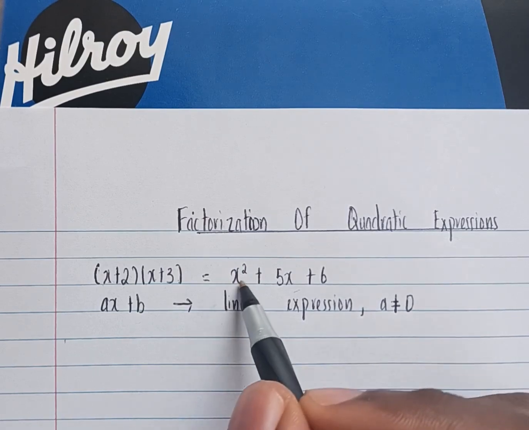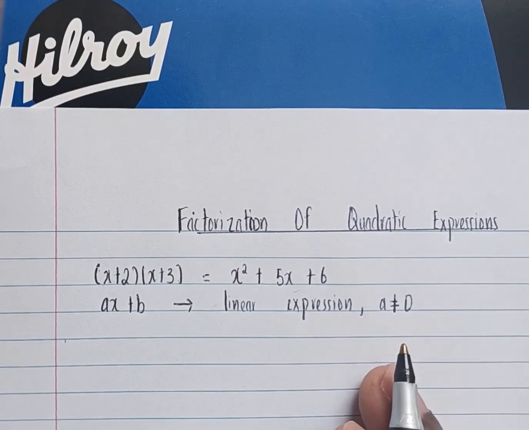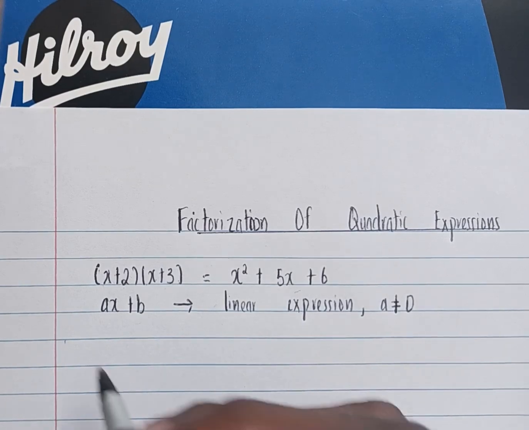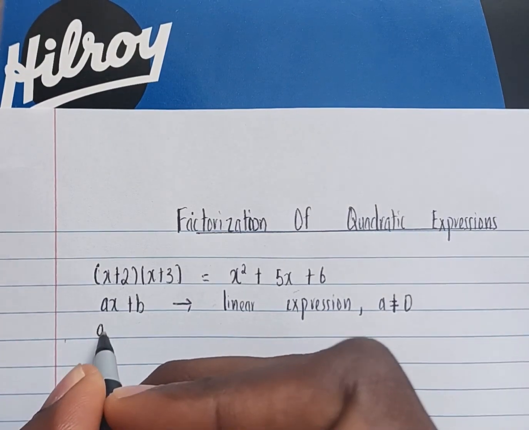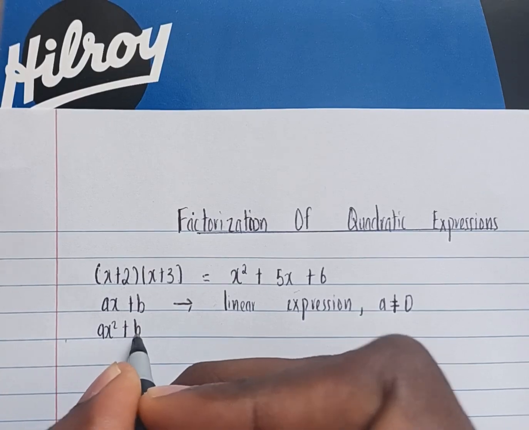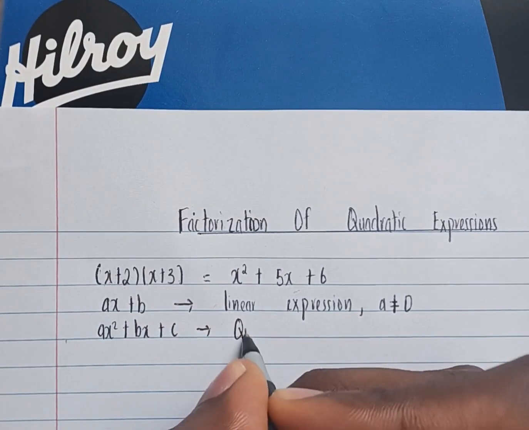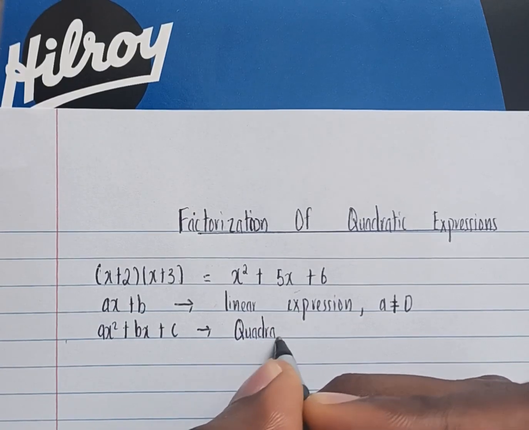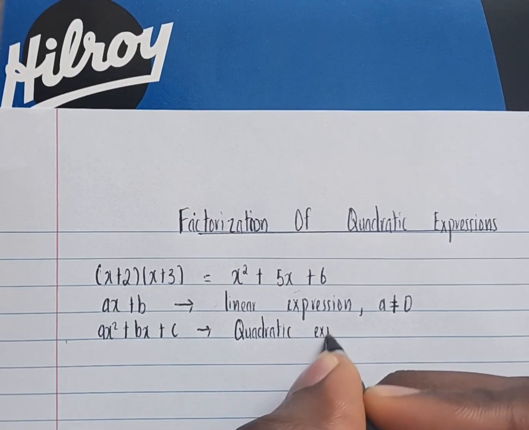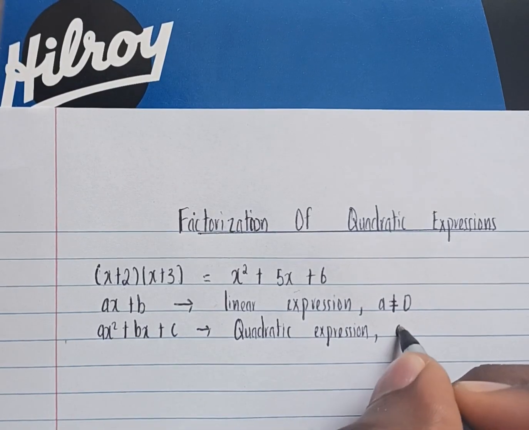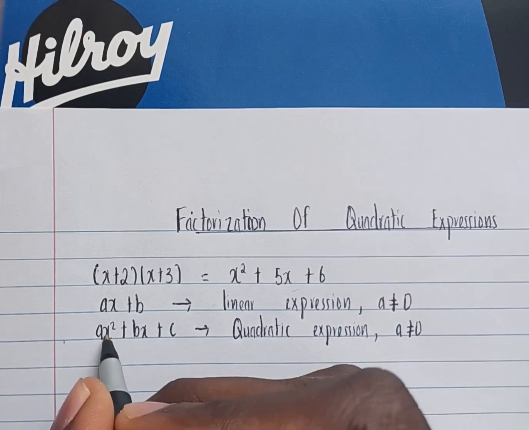When we have such an expression, we call it a quadratic expression. So what is a quadratic expression? A quadratic expression is any expression of the form ax squared plus bx plus c. Again, the condition is that a should be different from 0 because we want to maintain the highest degree, which is 2.